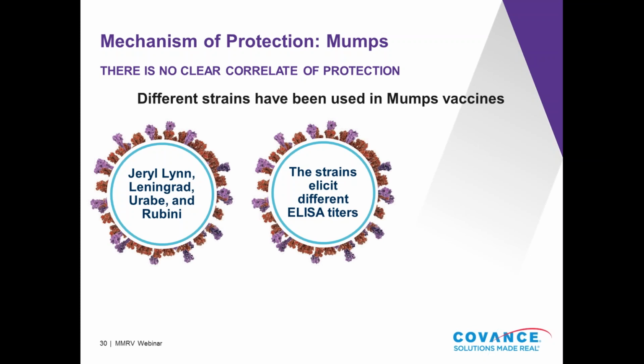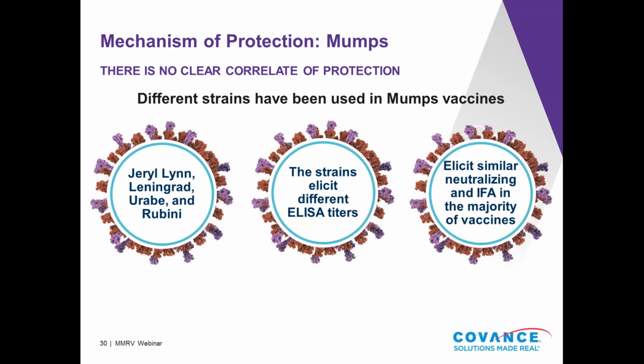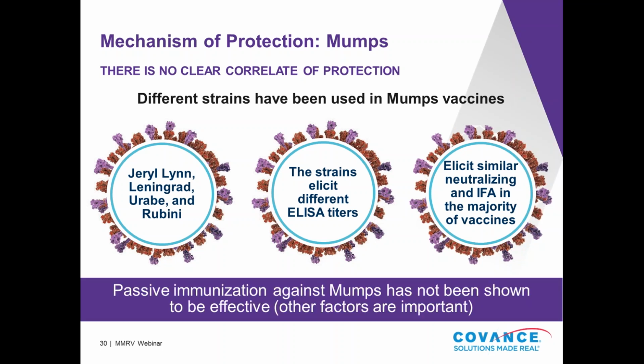They elicit different ELISA titers, and while they elicit similar neutralizing antibodies, the efficacy levels may be slightly different. Furthermore, we know that passive immunization, that is a transfer of antibodies, does not confer protection against mumps.